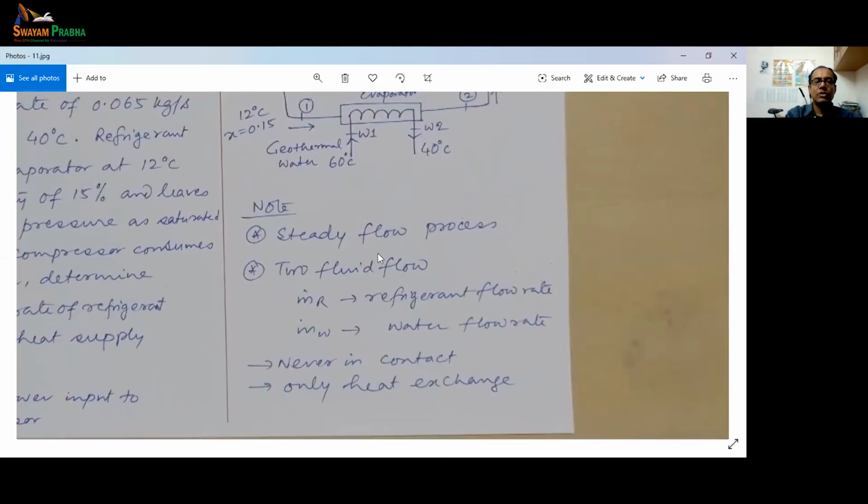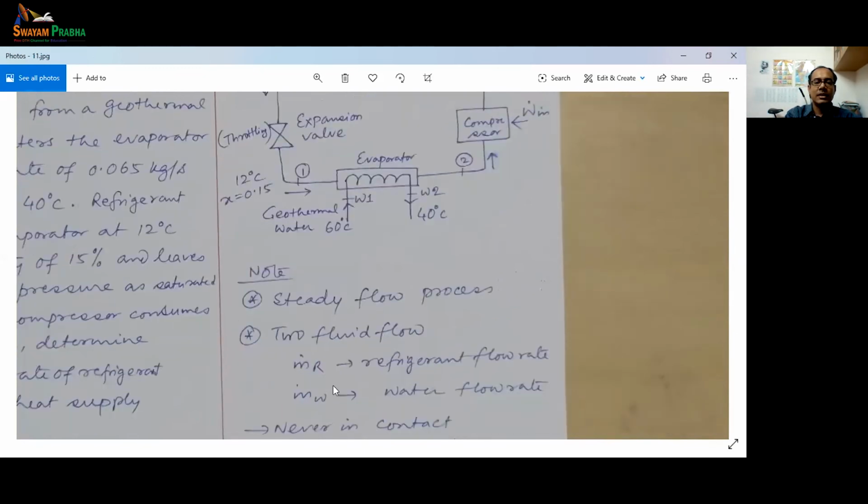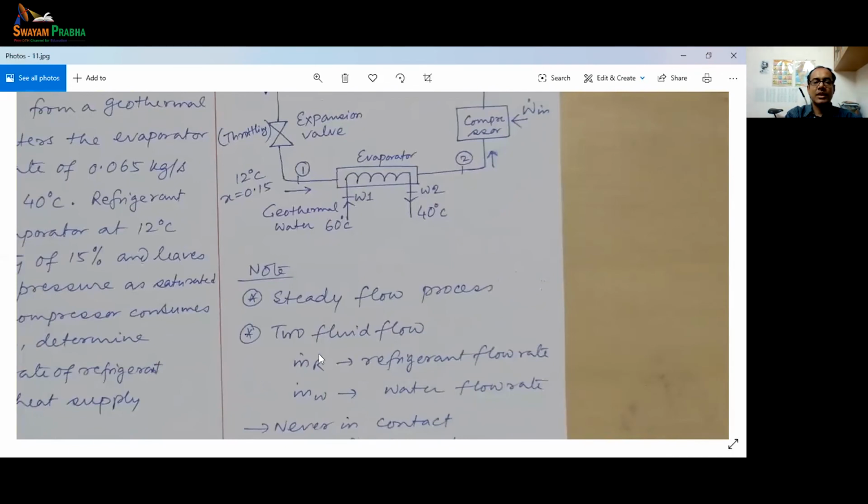And there are two fluid flows. One is the refrigerant through this cycle, compressor, condenser, throttling or expansion valve, and evaporator, with a certain mass flow rate, let's say m dot r for the refrigerant. In the evaporator we have another flow, of water, that's m dot w.